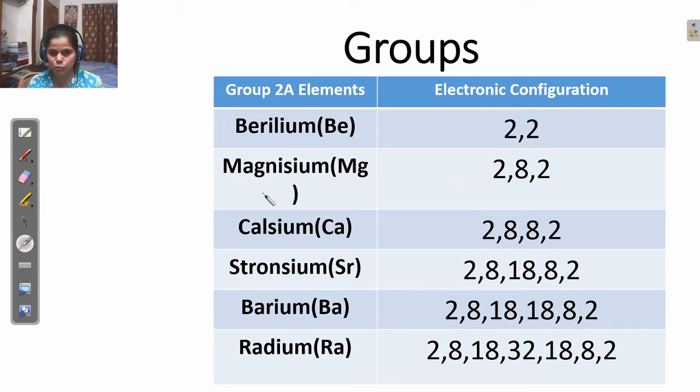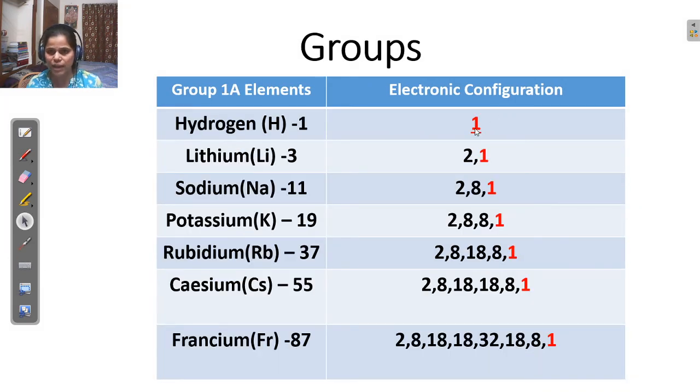In the first group, the number of valence electrons is 1, and the valency is also 1.